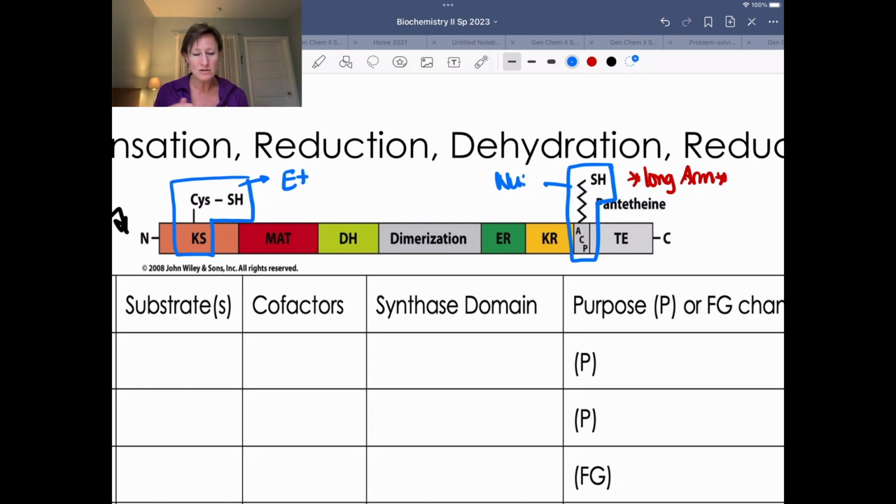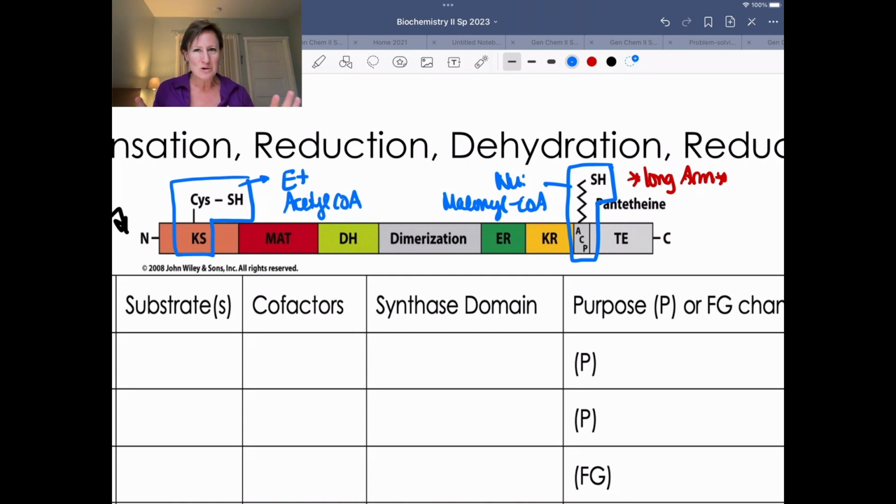So we're going to have our acetyl-CoA group over here on the Ks domain as our electrophile, and we're going to have our malonyl-CoA over here on this long arm.